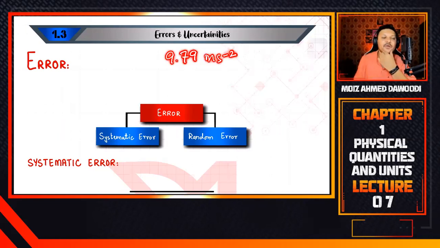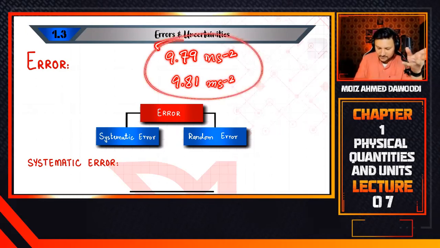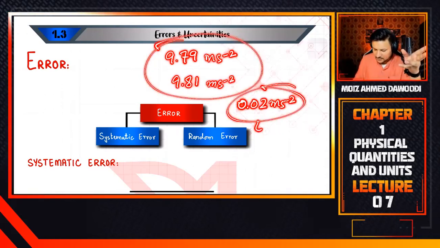What is the actual value of acceleration of free fall? 9.8. In A levels it's 9.81. In AS and A2, you have to use the value 9.81. So what is the difference? 0.02 m s^-2. This is error.